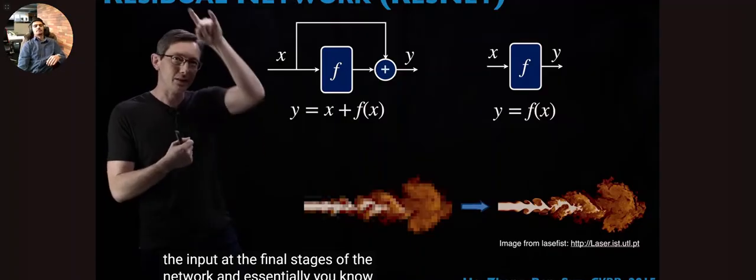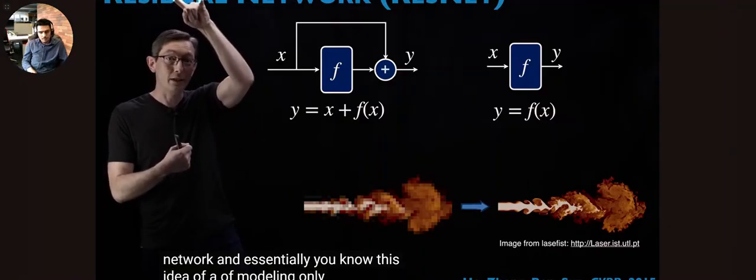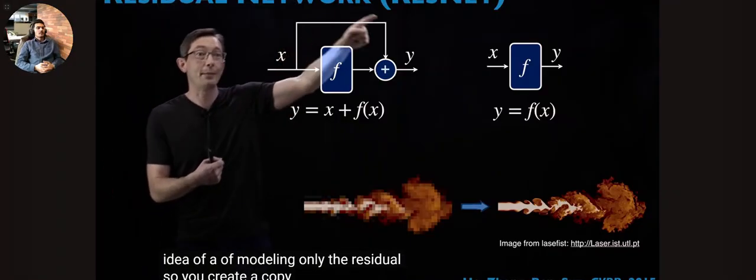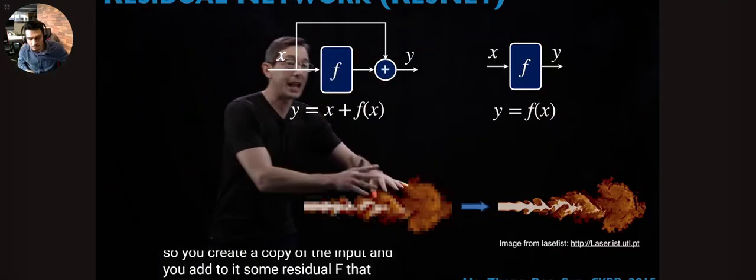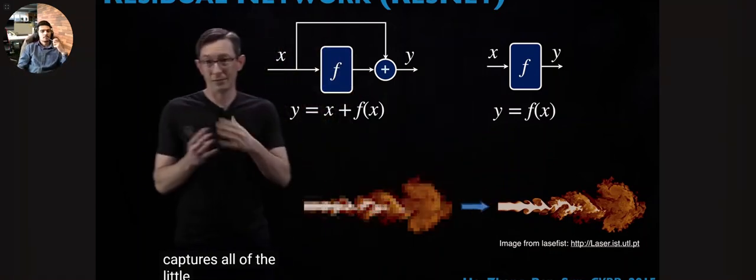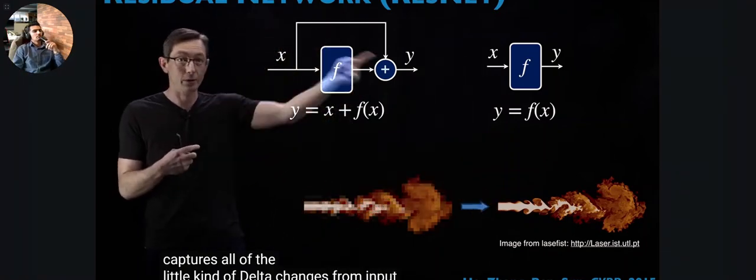And essentially, this idea of modeling only the residual, so you create a copy of the input and you add to it some residual f that captures all of the little delta changes from input to output.